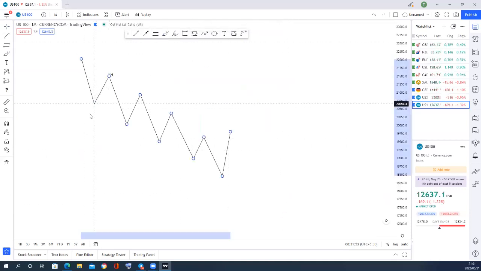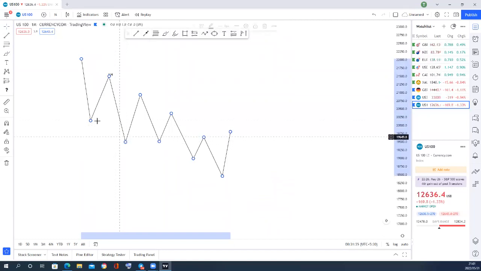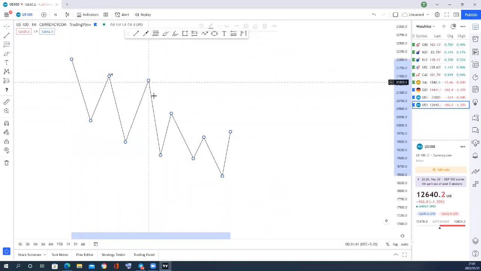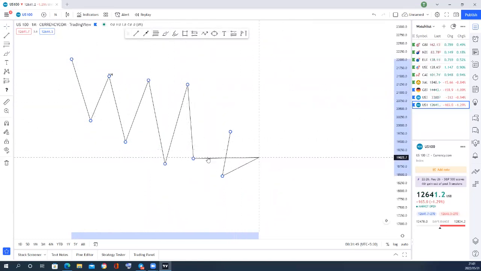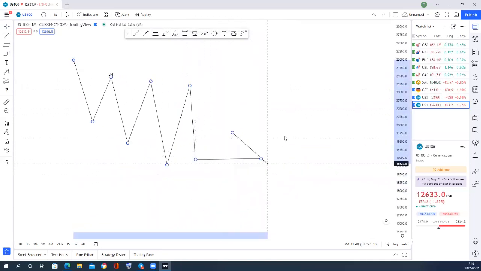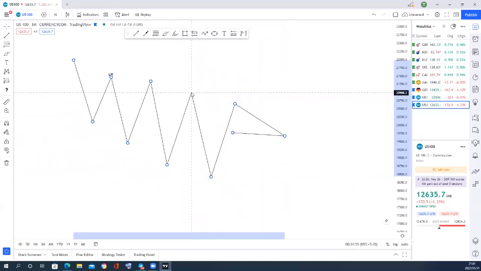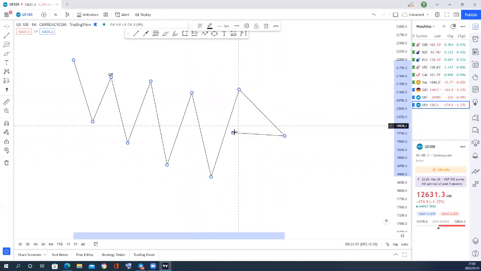Let me just make it a bit like this, just to show you what I want you to see. So let's say the market takes out that high.